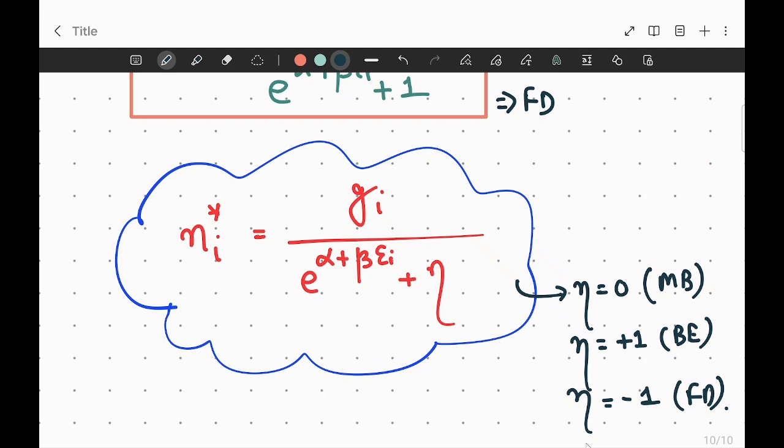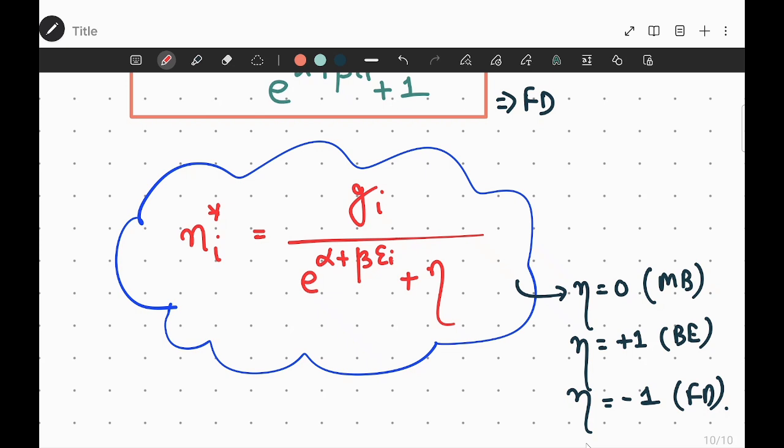In Bose-Einstein, just replace plus with minus, it will be Fermi-Dirac. And if you ignore that, it will be Maxwell-Boltzmann. Every equation you derive from here will be according to this distribution function, so in general every equation is written in terms of this plus minus, and that will be carried out.